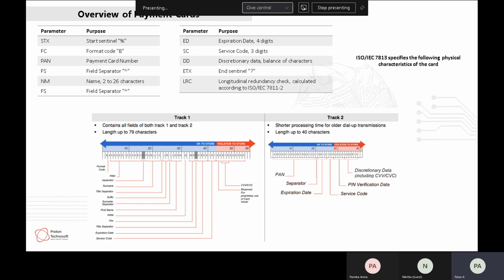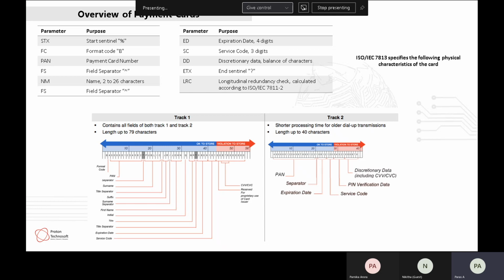Then we have a field separator, the caret character, and then NM, which is 2 to 26 characters reserved for the last name, first name, middle name, the name embossed on the card.